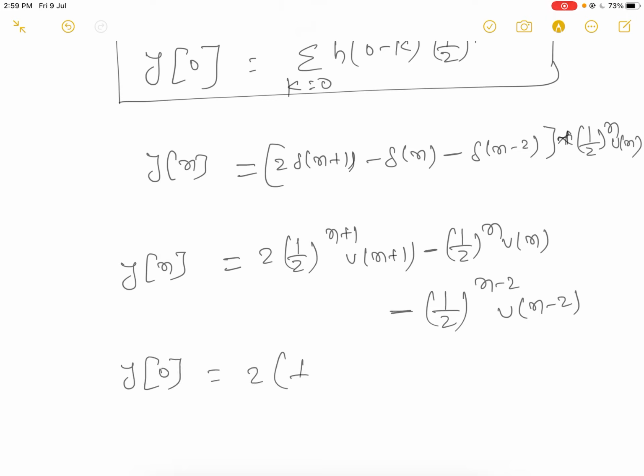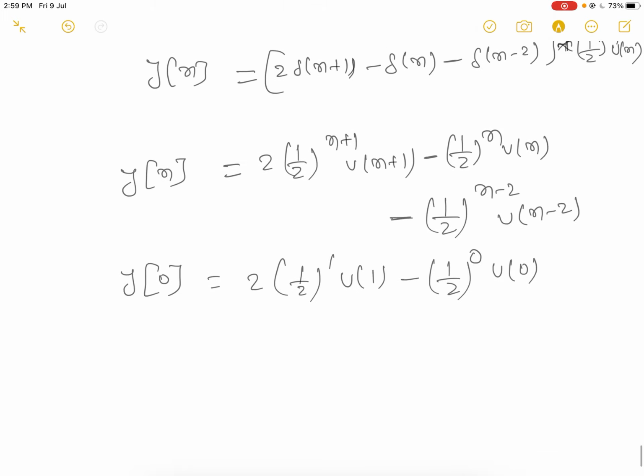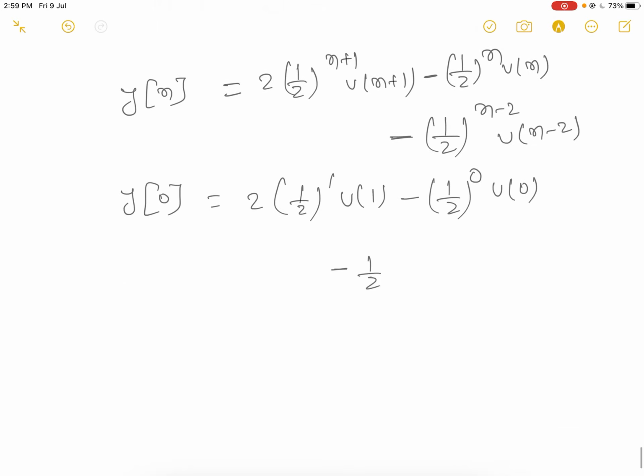Then we get 2 half to the power 1 u[1] minus half to the power 0 u[0] minus half to the power minus 2 u[minus 2]. Here u[n] is the unit step signal, so it is 0 for n less than 0.